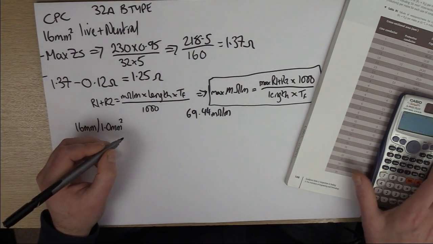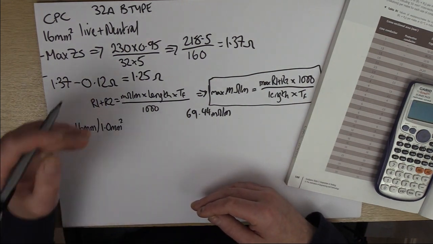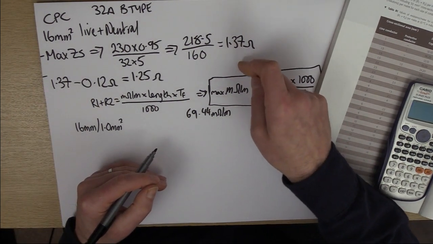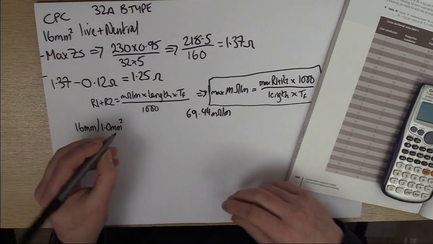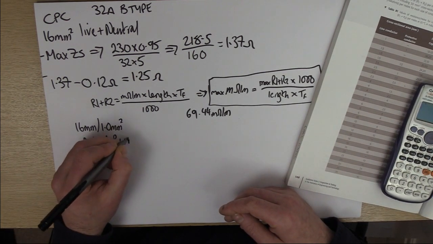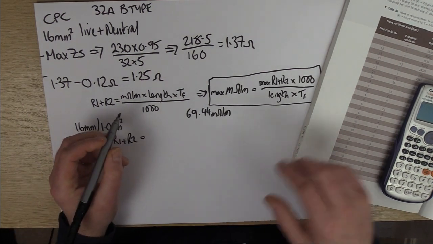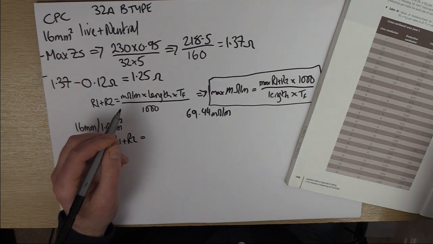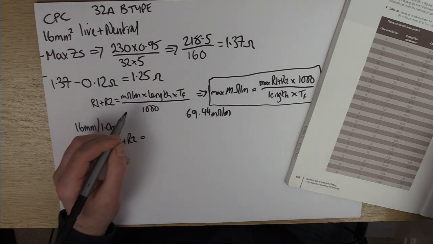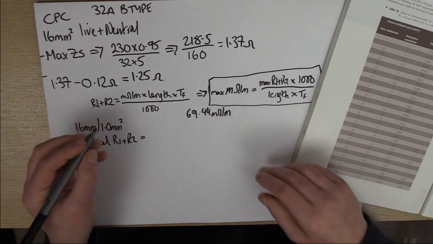Okay, so this is where we'd calculate our actual R1, R2, and then our actual ZS and prove that it's compliant. So actual. As I say, we'll start with 1 mil. It seems certain that most of them are going to work because they're all under this number.